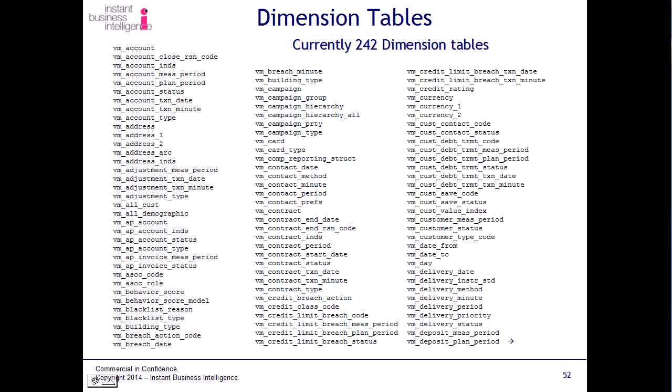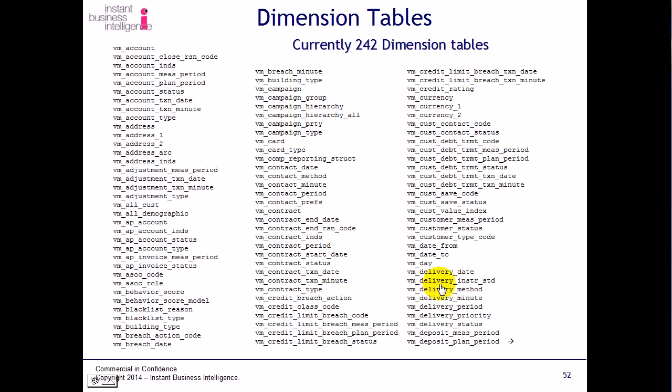a customer value index, so we calculate customer values and link dimension tables to them for the index of the customer value, the customer status, the customer type code, of course date from, date to for everything that's type 2 dimensions. Your VM day is the underlying day for all the date tables.